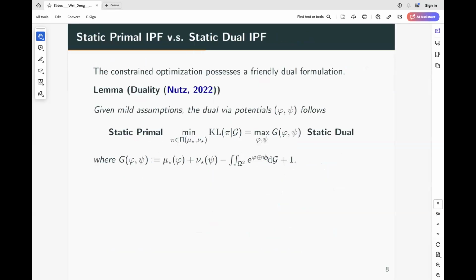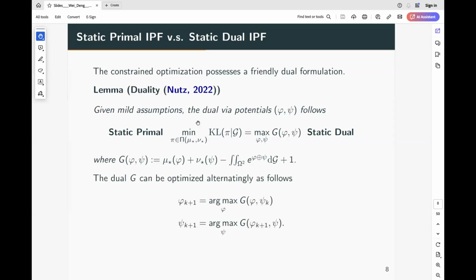We know the static Schrödinger bridge is a constraint optimization problem which may not be feasible in computation. However, the constraint optimization possesses a fairly friendly dual formulation. Given mild assumptions, the minimization of the KL divergence of the static primal will be equivalent to solving the maximum of the dual function, and there is no duality gap.